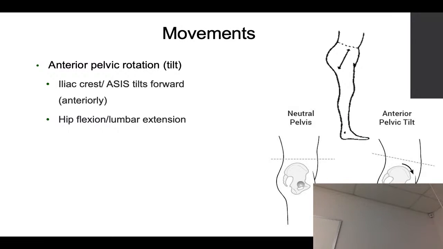So basically, if you have your pelvis, so here is my ASIS, if I'm going to do anterior pelvic rotation, this is going to come forward. So I would be rotating forward, kind of sticking my butt out. I'd be getting lumbar extension, so rotating forward. So that will be anterior pelvic rotation.